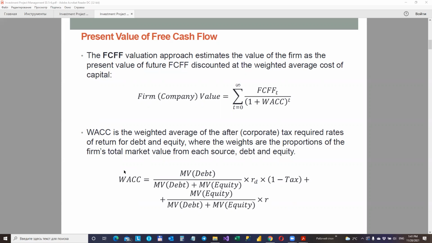As an alternative, analysts may use the weights of debt and equity in the firm's target capital structure when those weights are known, as in project finance, and differ from market value weights, or when we have no market weights, as in the case of project finance. And here is the formula for the weighted average cost of capital.